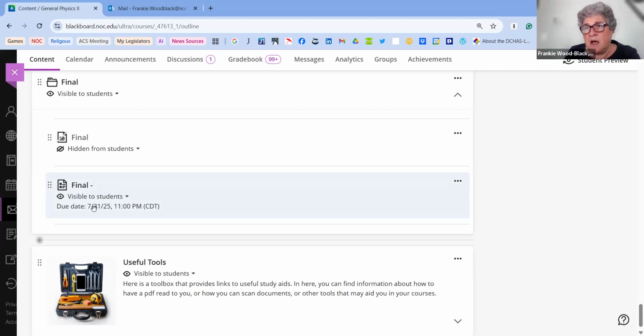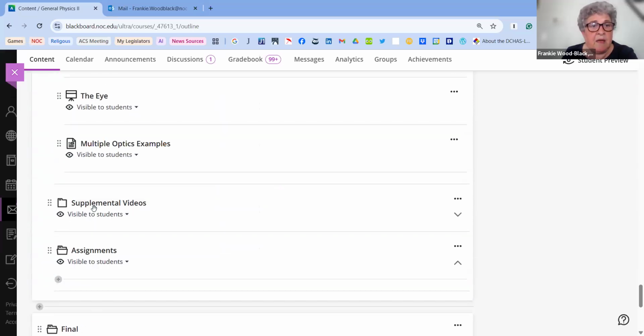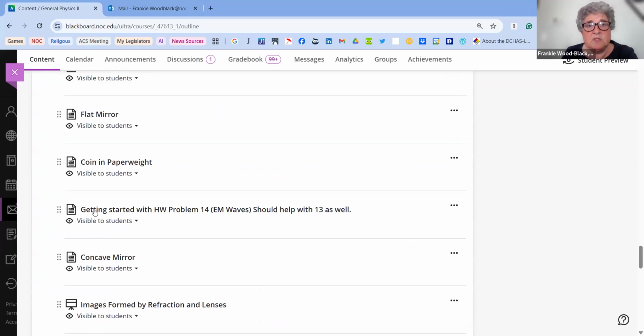We'll finish up the optics material probably on Monday. So Tuesday and Wednesday we'll have Zoom for questions or any last minute things that people need on those items.